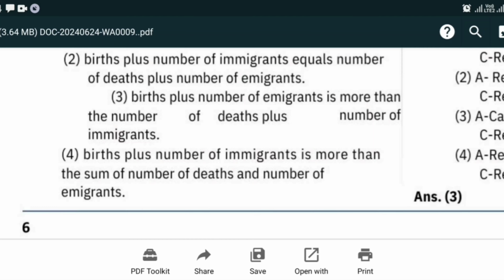Here the rate of birth and immigration is more. So that's why it is easily increasing the rate of population, because death rate and emigration is less. So we go on adding new organisms, or new individuals, to the population, and the rate of immigration is also more, but the death rate is less and emigrants are also less. So that's why the correct option is fourth option.